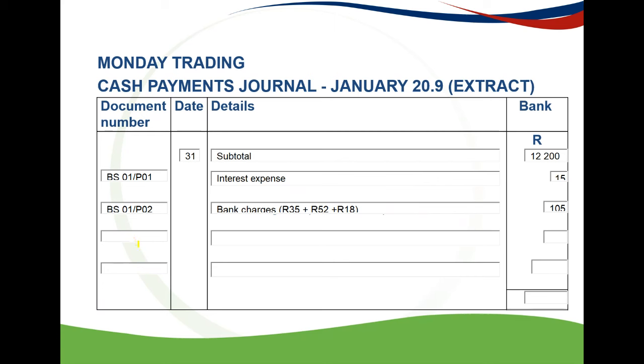So we will say bank statement 01+3, and that's going to be Pay Insurance Company, or insurance, and the amount is 500 rand.